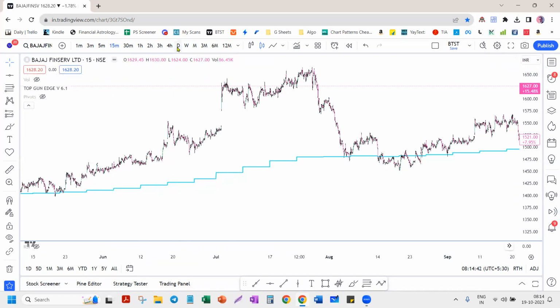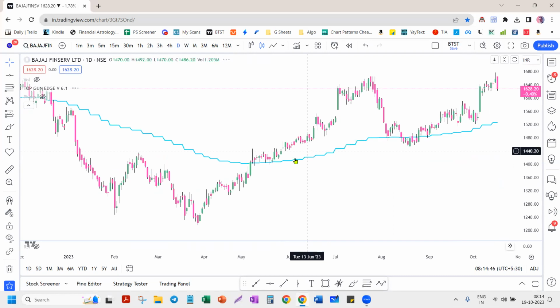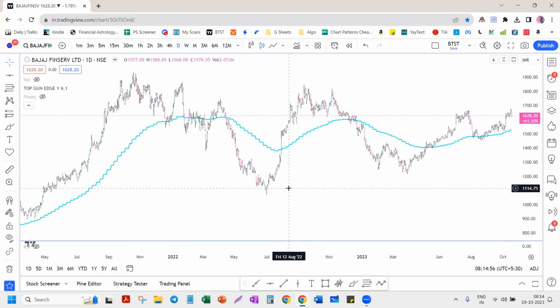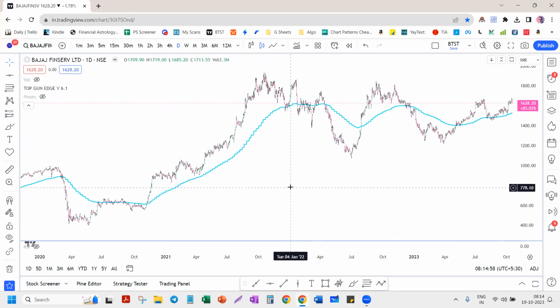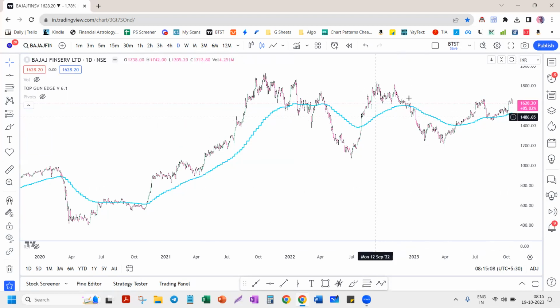So the advantage is that people who are trading in a day time frame will always enter only when the candle is closed. You will enter much before. So that is the advantage. One thing I just want to give as a disclaimer is that when you're trading, always ensure that you are trading a share which is giving respect to the day RSI. So if you see, the highs are very nice over here.